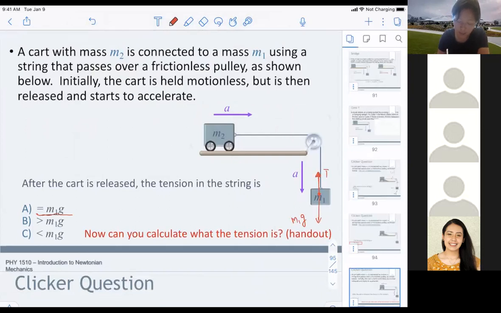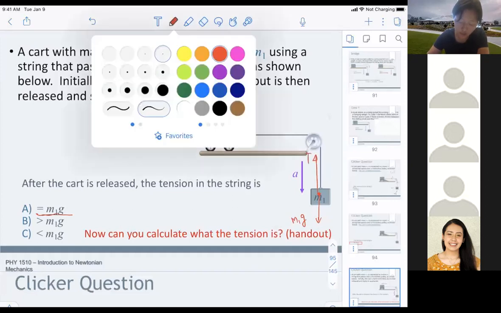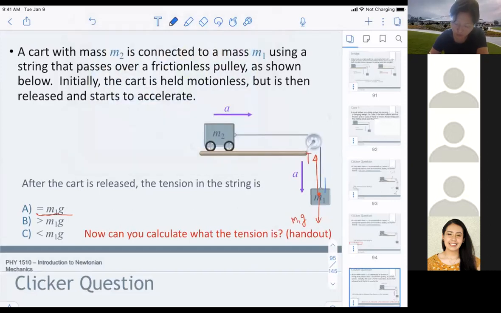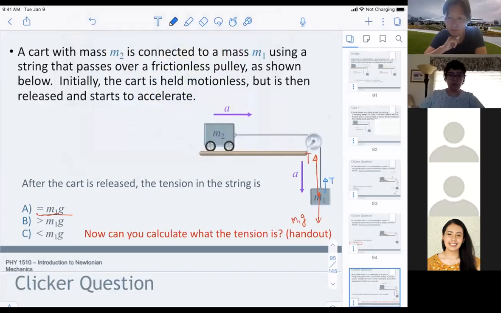But now we have a downward acceleration. Do you think the tension now is bigger, in which case I will draw it like this? Or do you think my tension is smaller, in which case I would draw it like this? What do you think? The tension is smaller. Tension is smaller, and why is that?